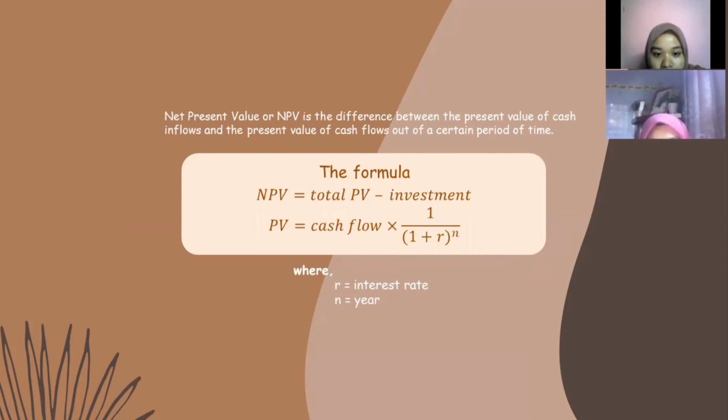For the present value or PV, the formula is cash flow times 1 divided by 1 plus R powered by N, where R is equal to interest rate and N is equal to years.